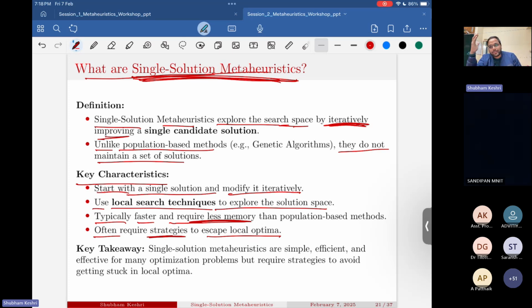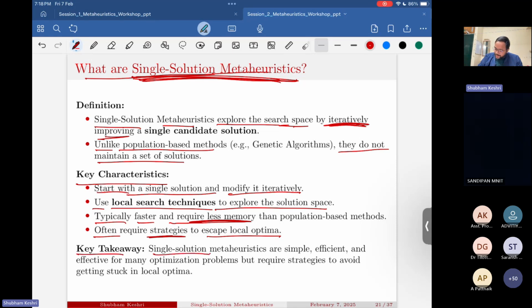Local search may get stuck in local optima. One strategy to escape is to create a landscape that doesn't have many local optima. Still, there may be multiple. So there are different meta-heuristics which have the tendency to escape local optima. Okay, I hope that was clear.